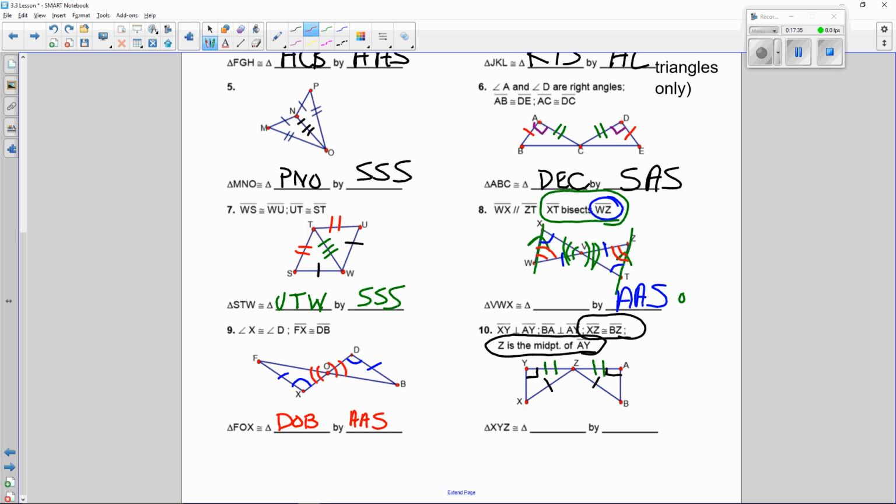This is not side angle side, because the right angle is not in between the two congruent sides, but instead this is HL. Only works for right triangles. You got a hypotenuse and a leg that are congruent with each other. So that's it. Practice those some more, and we'll take a test on this next week.